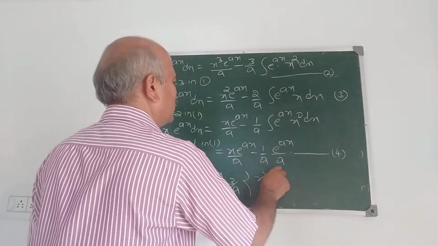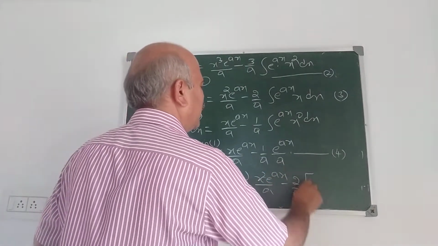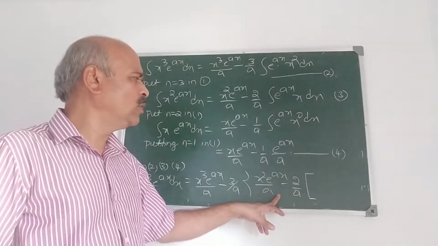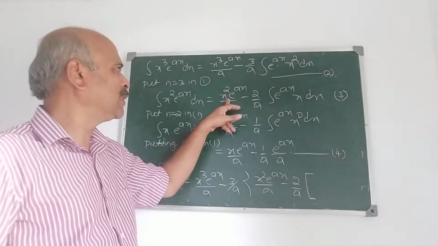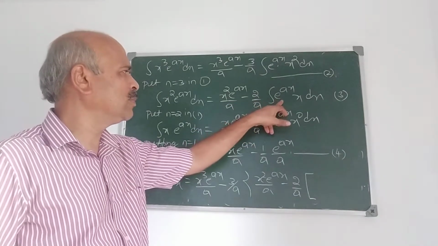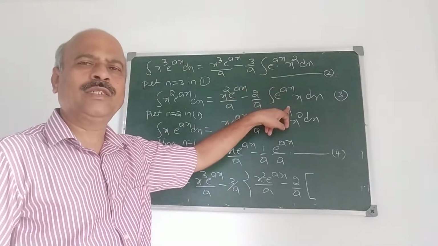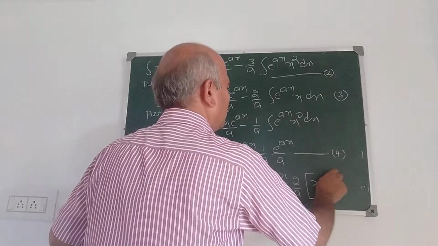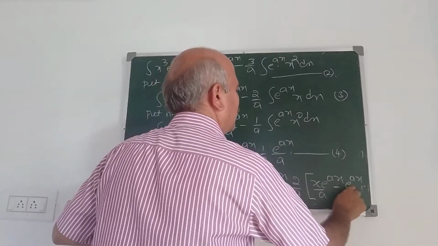X square e raised to ax upon a minus 2 by a into, see in the single step I substitute. I have taken e raised to ax x square as x square e raised to ax upon a minus 2 by a. Further I substitute this value from 4. What is integral e raised to ax into x? E raised to ax into x is x e raised to ax upon a minus e raised to ax by a square.